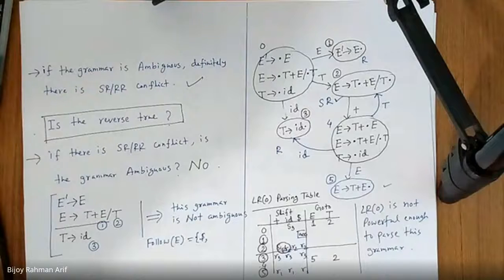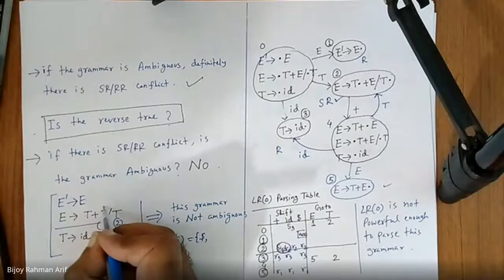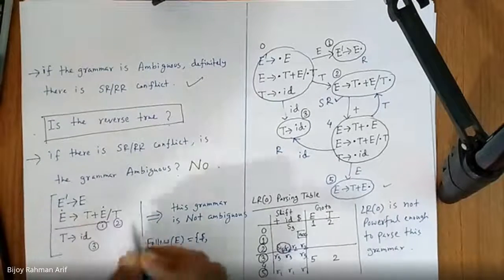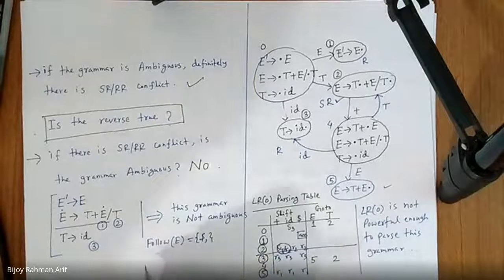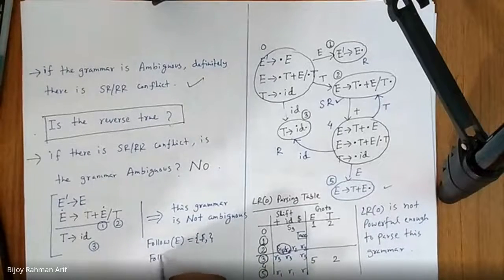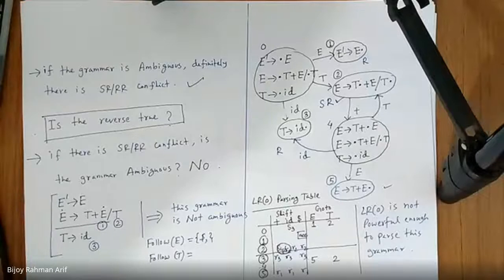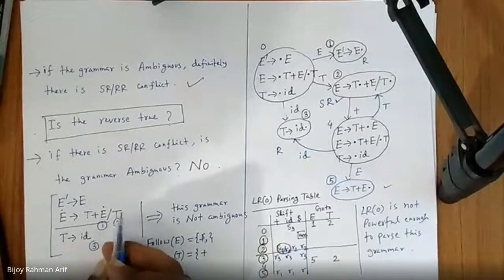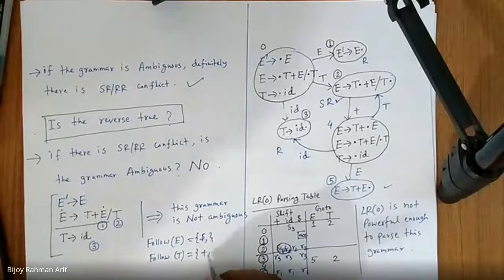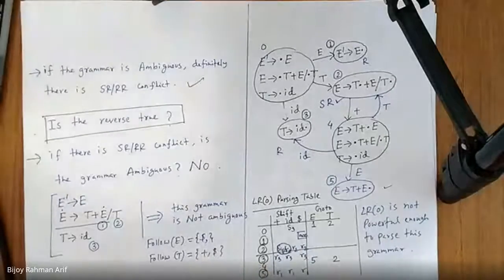Anything else? Follow of E is nothing but dollar. Follow of T is follow of E plus plus, and follow of T is nothing but follow of E, so it is dollar. So we got the follow.